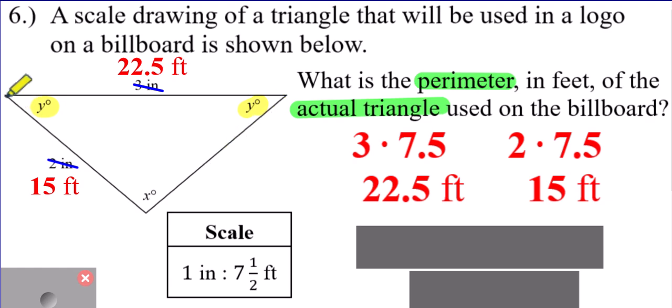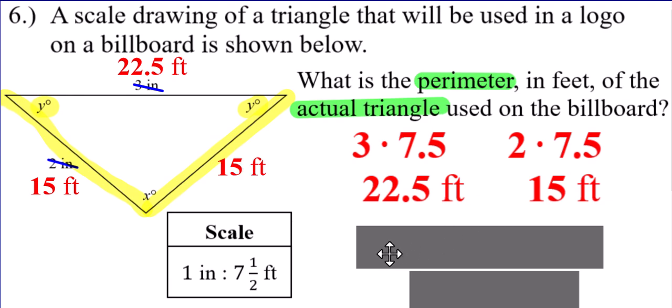Because it means the side on the left that touches that y degree angle and the x degree angle is going to be the same measure as the side on the right that also touches the y degree angle and the x degree angle. So even though I don't know what y is, I know y is the same as y. So that proves this is an isosceles triangle. So the left side is the same as the right side, which means this is also 15 feet.